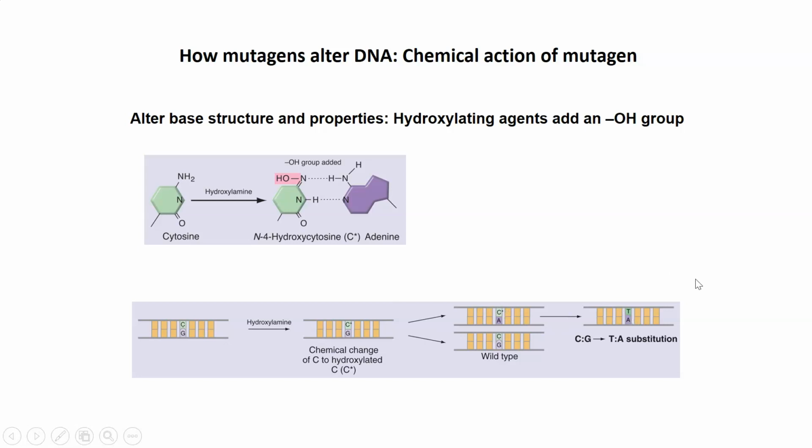And that's how hydroxylating agents work. And that's how other base modifying agents work as well. They cause substitution mutations, which are transition mutations, C to T, pyrimidine to pyrimidine.